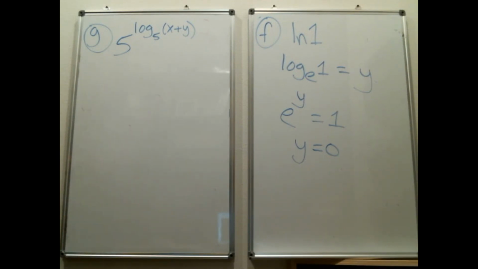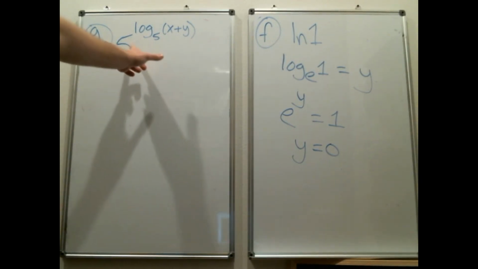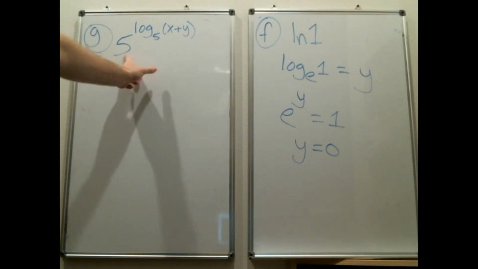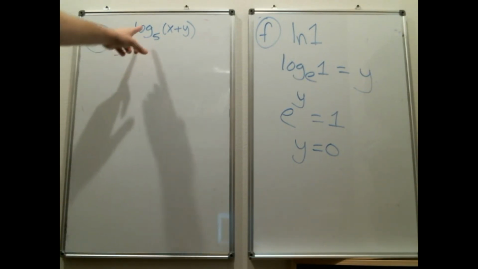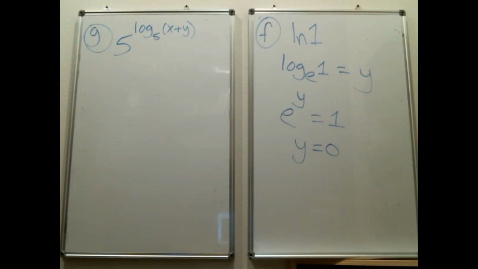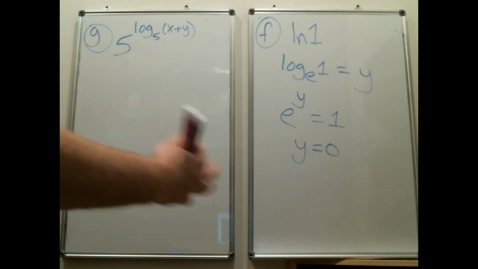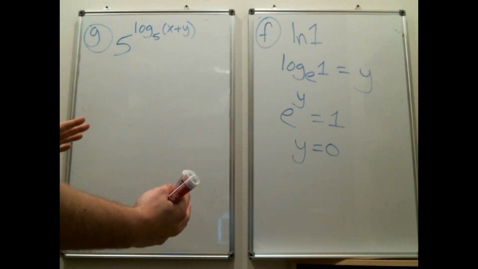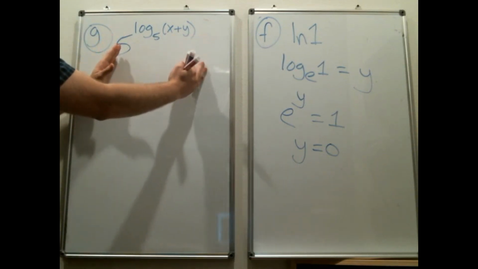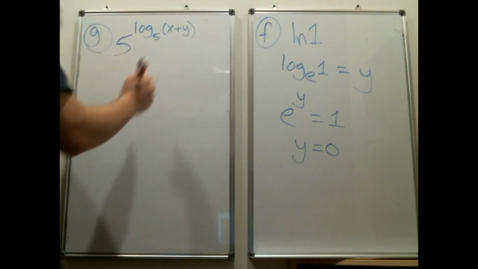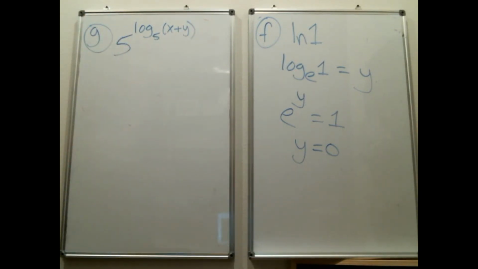Alright. So here, it's a little tricky. Because the 5 is the base. And then in the exponent is a logarithmic form. So you're in exponential form as a whole. But up in the exponent is logarithmic form.